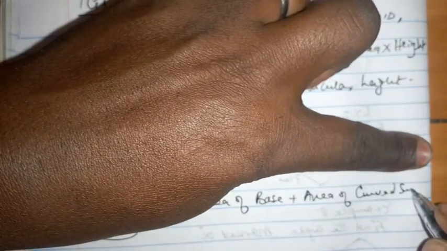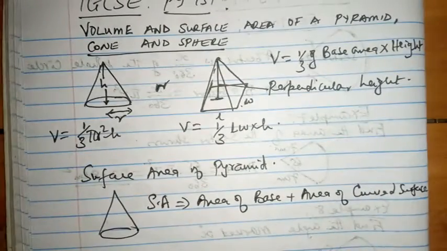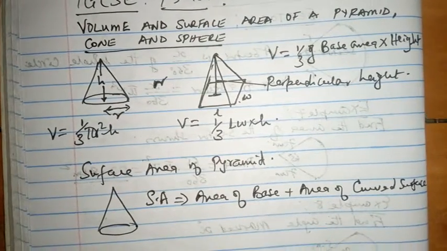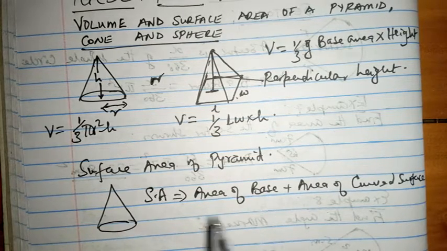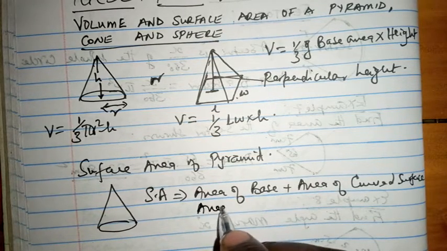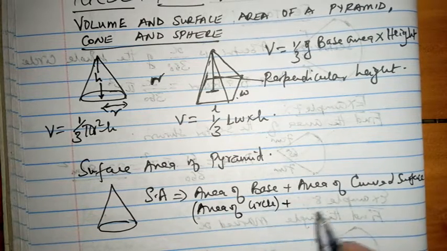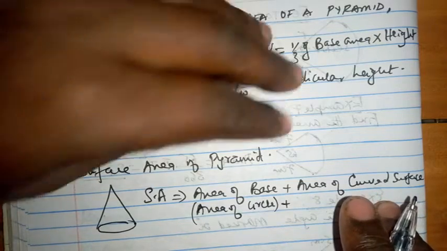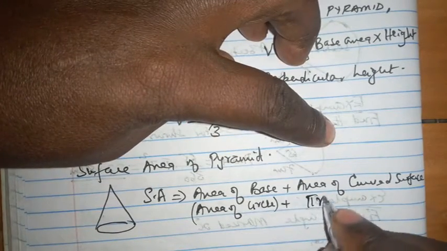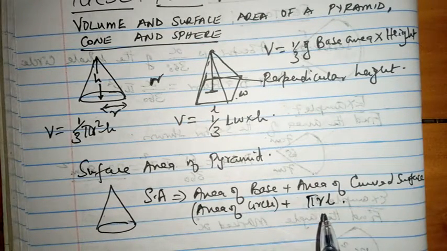The area of the base is the area of the circle down there, plus the area of the curved surface, which is simply pi r l. The area of the curved surface is given by the formula pi r l.